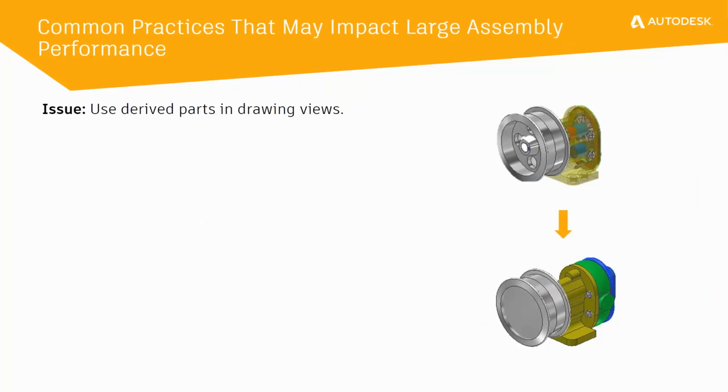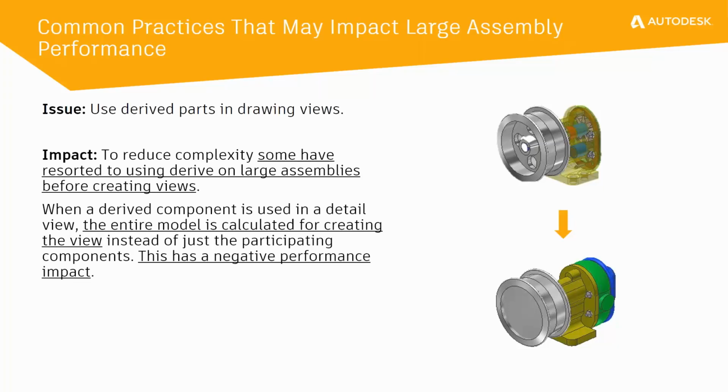Another common issue is where you use derived parts in drawing views, and we've seen instances where some people have resorted to using a derive on large assemblies before creating views, to simplify that assembly down for the drawing.